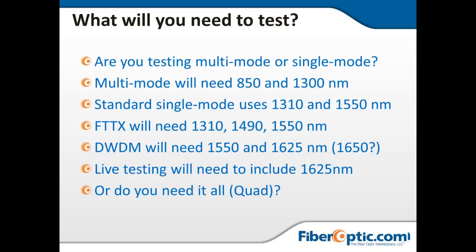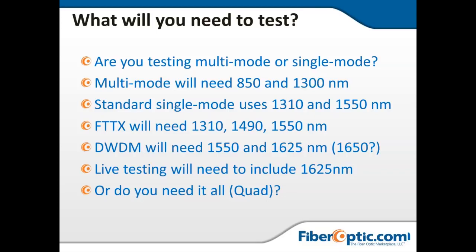They've got it all spaced out over very small dense wavelength division multiplexing spacing, and you want to be able to jump into that 1625 to test those fibers while they're performing at the 1550 wavelength, or potentially because the 1625 nanometer wavelength is actually pretty close to the top end of where the DWDM operating range is.